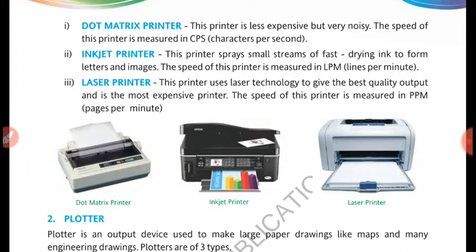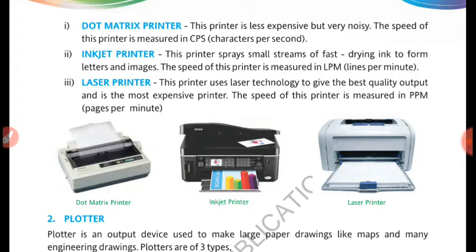It is expensive, and the speed is also very good, and the speed of this kind of printer is measured in pages per minute. So in sequence you can understand, first it was printing in characters per second, second in lines per minute, and third in pages per minute. By this you can understand which one is better and faster compared to the previous two, right?